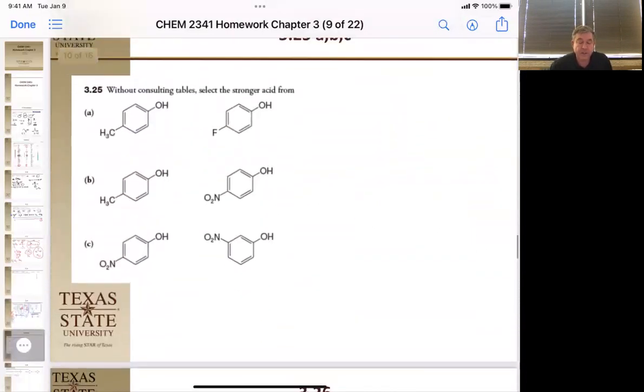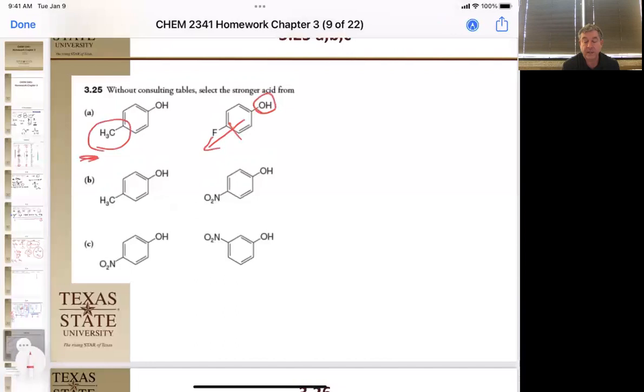Without consulting the tables, select the stronger acid. Let's use that same thing. Luckily we only have pairs. We have something that does not have polar bonds on it and something that has a strong electron withdrawing effect. What's that going to do? That's going to make the negative charge formed here even more stable.